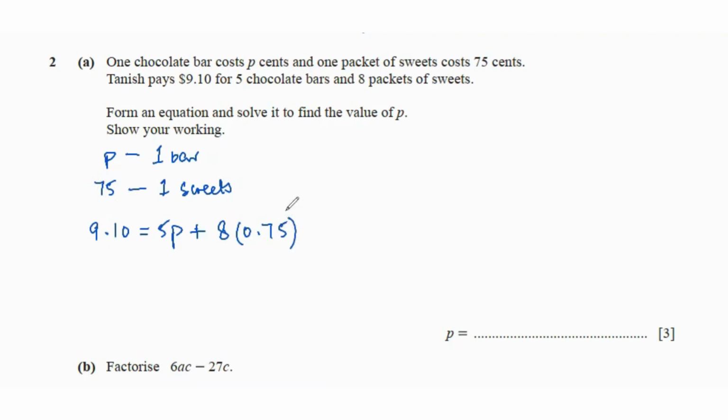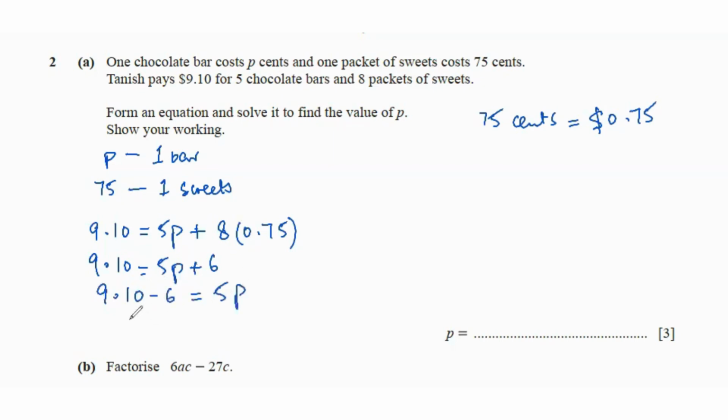75 cents in dollars is $0.75. So now we do 8 times 0.75, which is 6. 9.10 equals 5p plus 6. 9.10 minus 6 equals 5p, which is going to be 3.10.